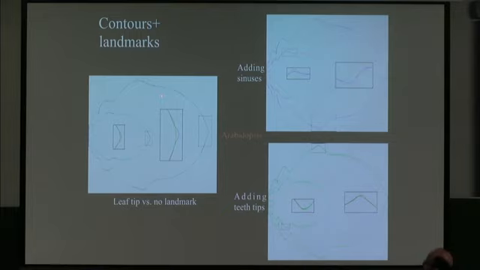If we look at teeth, the tooth tip is slightly more representative of actual leaves, and the more we add landmarks, the more the contour is representative of an actual leaf, because if there is variability in the position of landmarks, as Ian explained, if you average brutally, you lose the information on the shape of the teeth. So using this representation allows us to get a representative shape for the leaf tip.